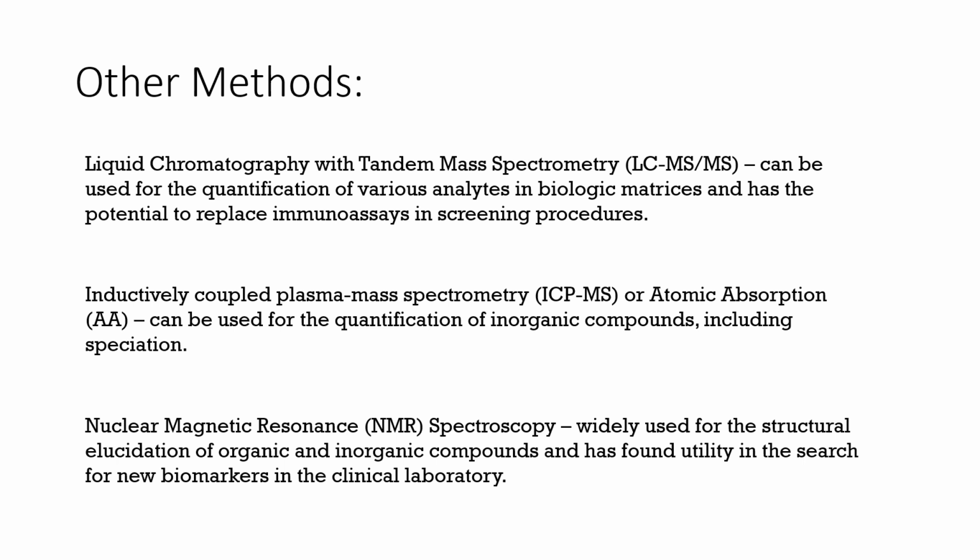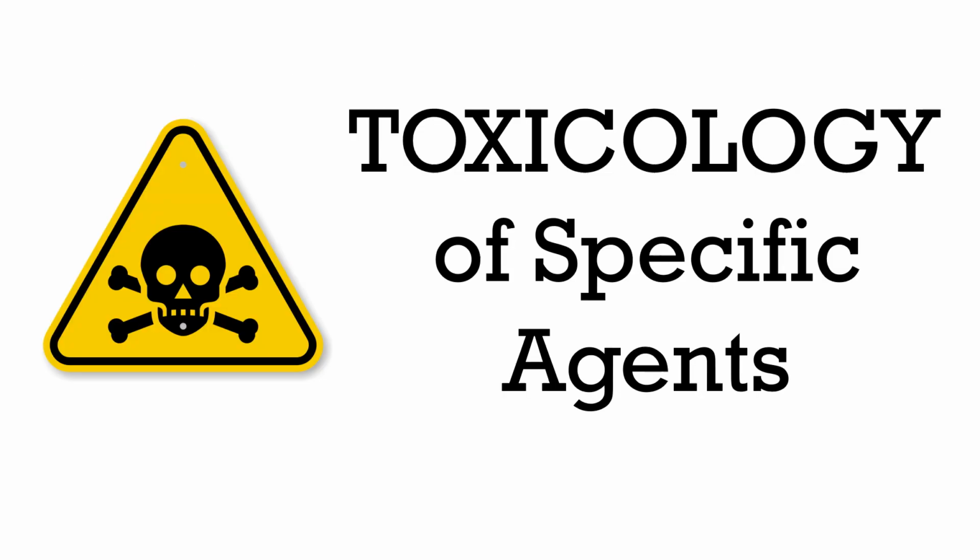Okay, biologic would be your LC-MS-MS, and your inorganic would be your ICP-MS or your atomic absorption. And for both organic and inorganic, we could use the nuclear magnetic resonance spectroscopy.